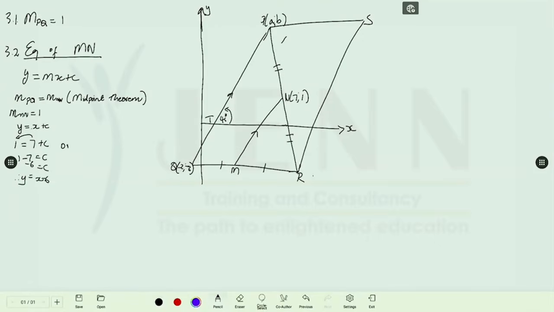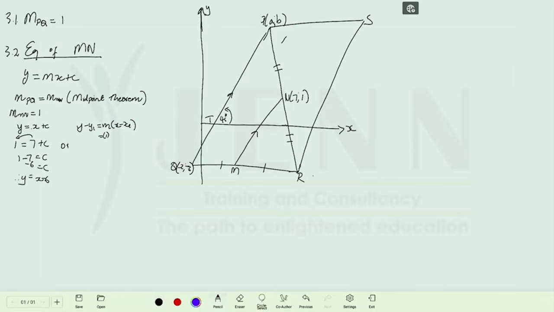Others prefer this method of y minus y1 equals m open bracket x minus x1. The first thing that we do is substitute our gradient. Yes, our gradient will be positive 1. Do not be surprised if I did not write it. It's a positive 1, therefore it's there. Remember the standard procedure: a gradient as well as a point that is on that line.